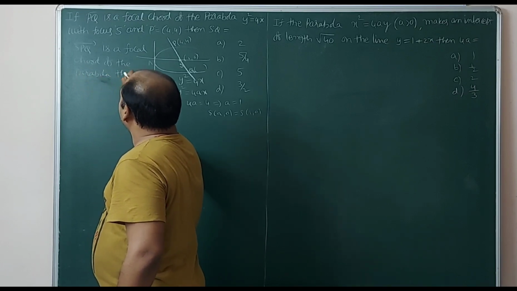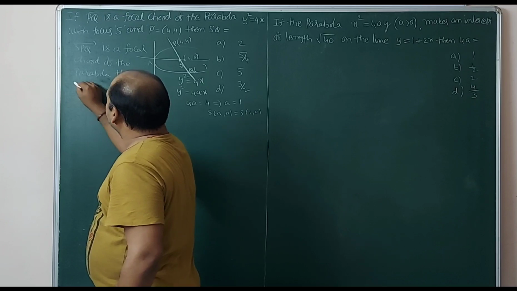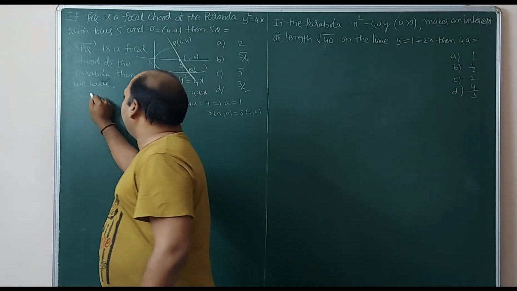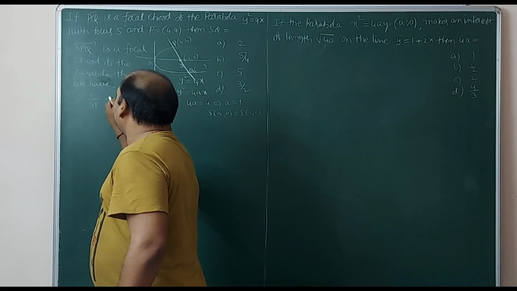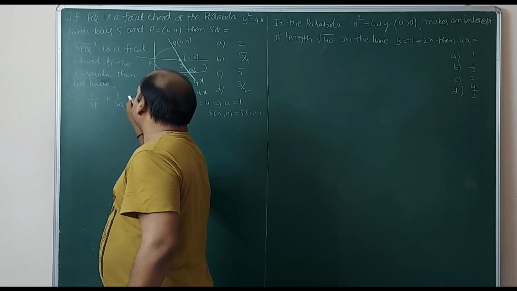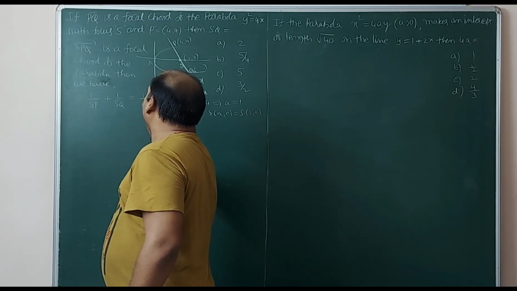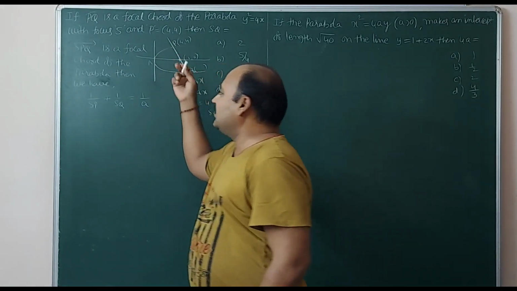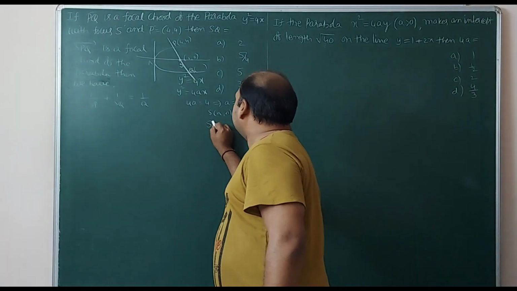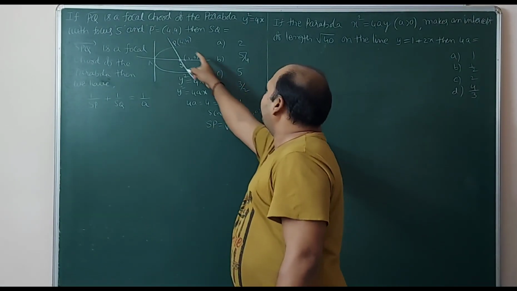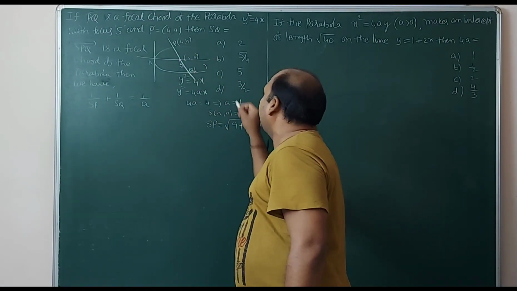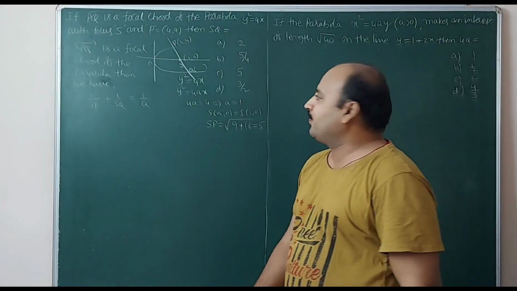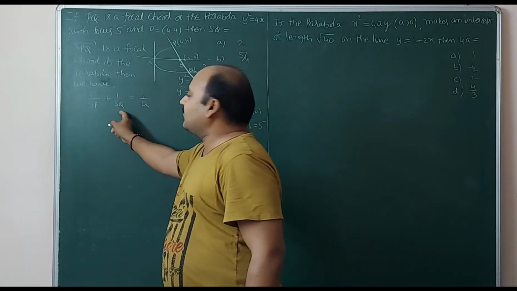Then we have a very important result: 1 by SP plus 1 by SQ is equal to 1 by a. SP, the distance between these two, we can calculate now. SP is equal to square root of (4 minus 1) whole square, 3 square, plus (4 minus 0) whole square, 16, root 25 means 5. They are asking to find SQ.